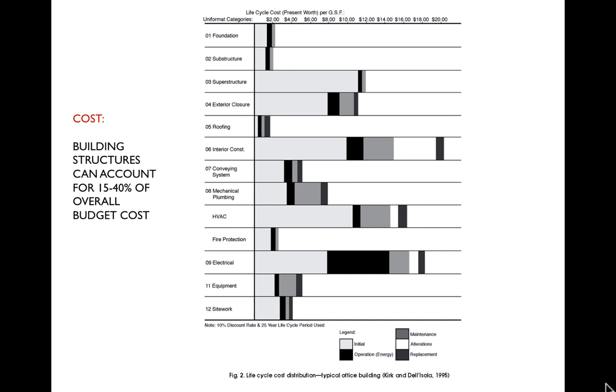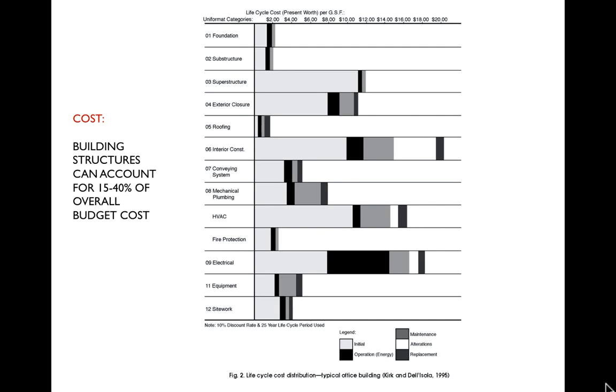So the nice finishes that we want for interior construction, the more efficient HVAC system, the better lighting that we want to show off the spaces inside better. There will be this kind of battle between all of these specialties. And we, of course, will be trying to push for less and less expensive structural systems, foundation systems, maybe mechanical and plumbing systems, so that we can have a larger budget for the things that we value.